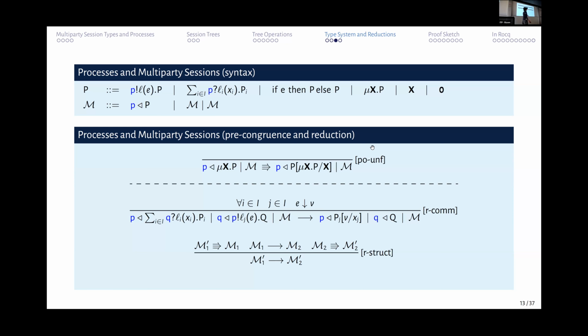We just need to copy it. But this is equi-unrolling. And so this is the main rule of the communications. Suppose you have a participant P waiting for a choice from Q. Then you have Q selecting P at a label. Then this is selected and then instantiated and moving like this.